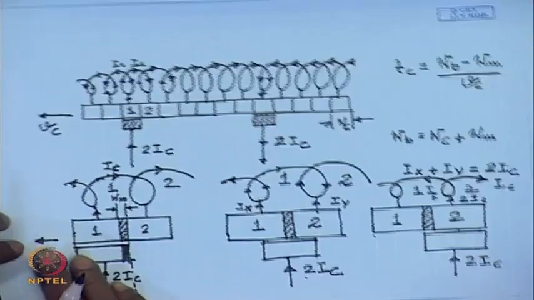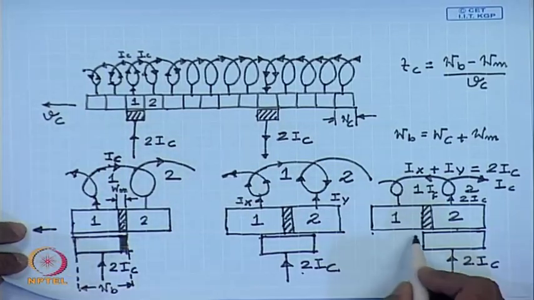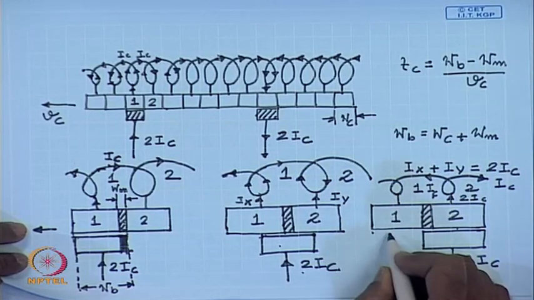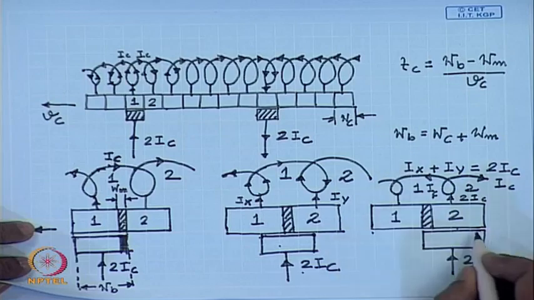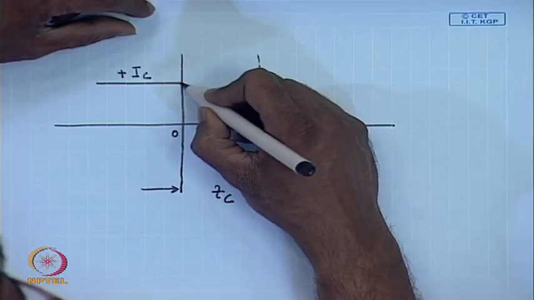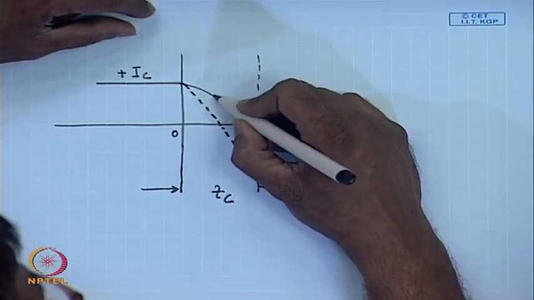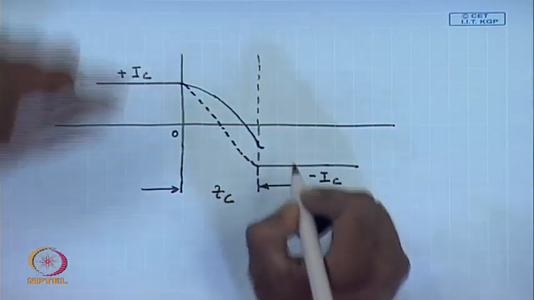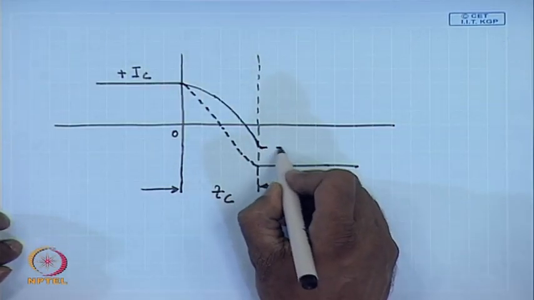even when the brush has left commutator segment 1 and has moved to commutator segment 2, the current has not fully reversed, but it has reversed only partially. So, maybe it has reached a value of minus IC dash.